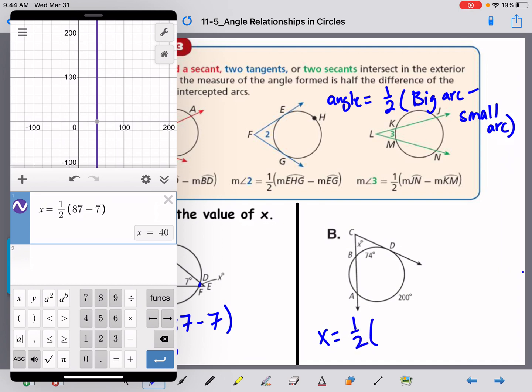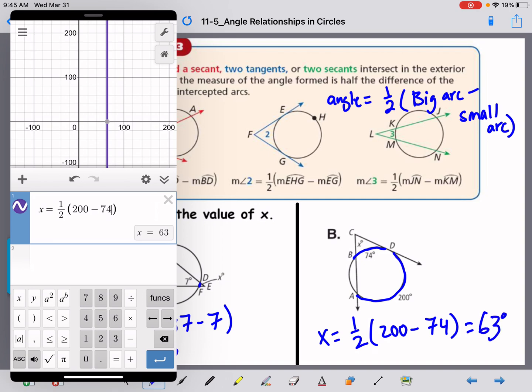I got to subtract. This is the big one. It's 200 minus 74. So when I type it in, 200 minus 74. That's going to be 63 degrees.